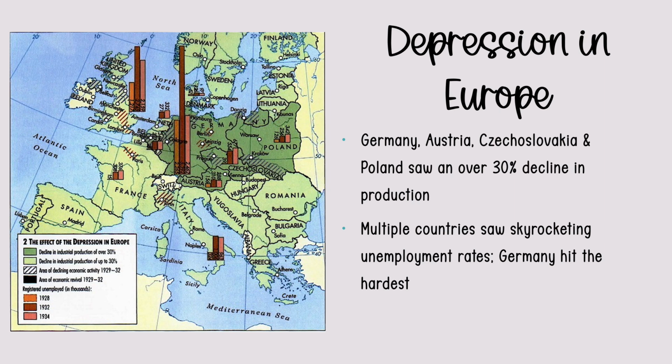We can also see from the bar graphs that Germany saw the largest number of unemployed citizens in the first half of the 30s. All of this is to say that when a country's population is struggling, and these countries were certainly struggling, it creates unrest and is an opportunity for a change of power.